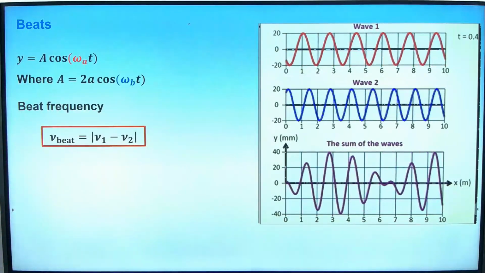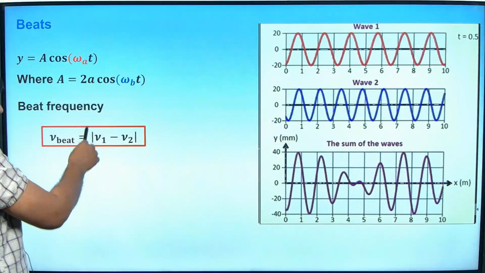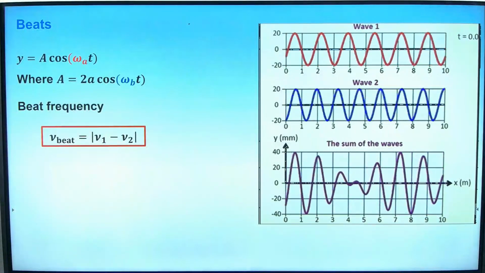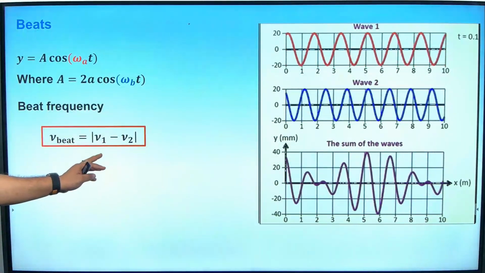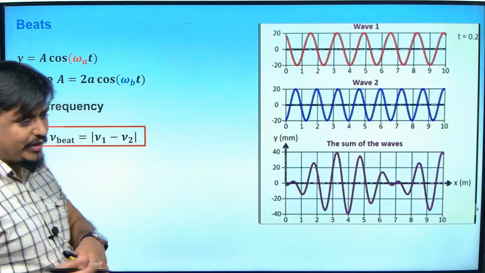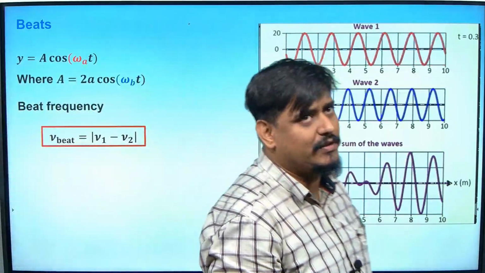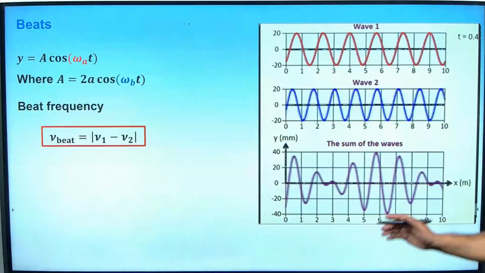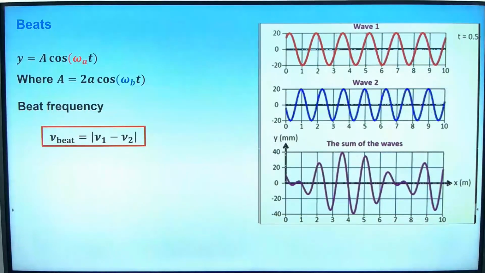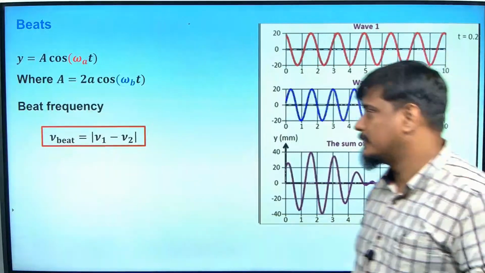Copy it. Why have I put the modulus sign? Because omega 1 may be lesser than omega 2, so if you get a negative value, the modulus will make it positive. That's why we have taken the modulus of omega 1 minus omega 2.